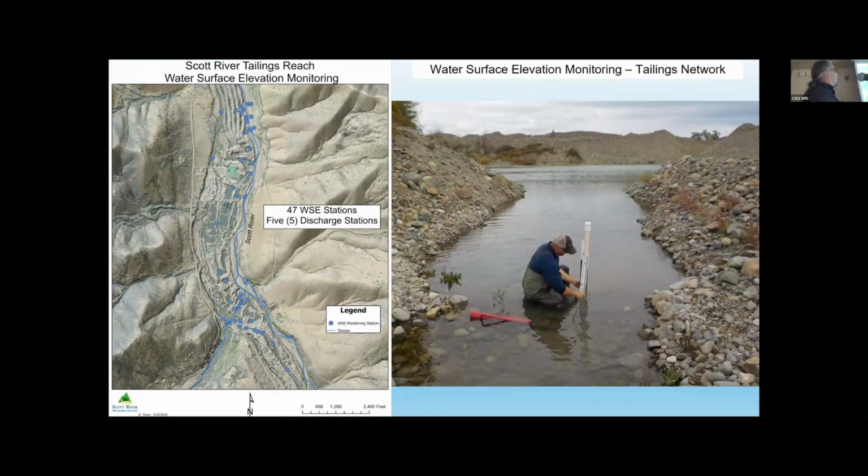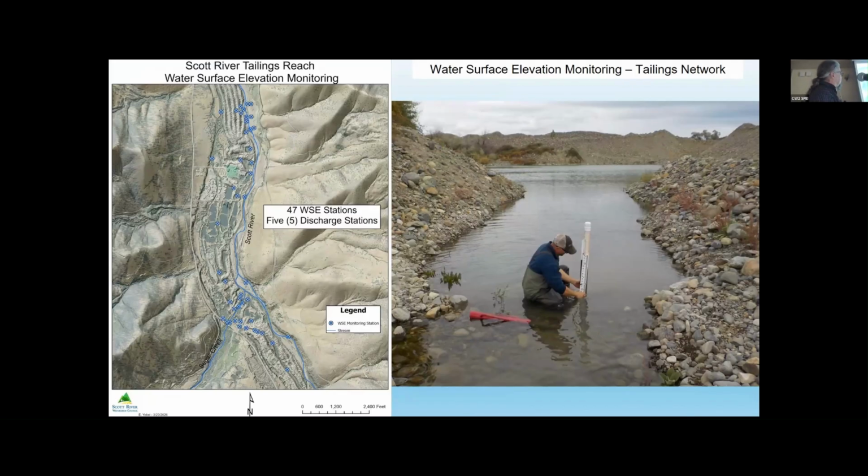And then going back to what I mentioned earlier, this Scott River Tailings Reach is approximately a 5-mile reach that was significantly altered by the Yuba Dredge. As you can see here, we're going to have a presentation next from the Yurok Tribe, and it's also going to take place in this setting.